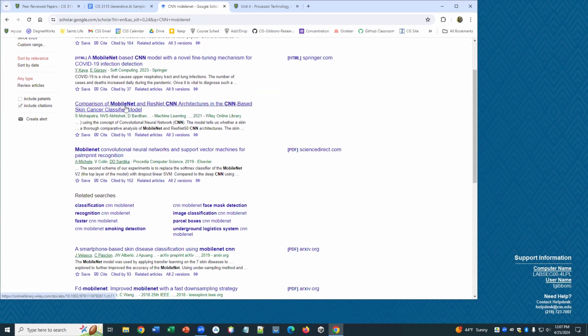So again, if you're comparing them, you'd do the same thing. Now this one is for skin cancer. Maybe you'd be using a different data set, one from class or something like that, but you could reference this article.